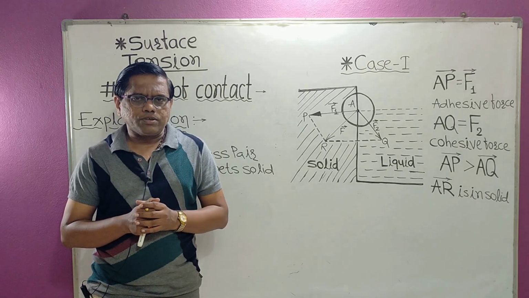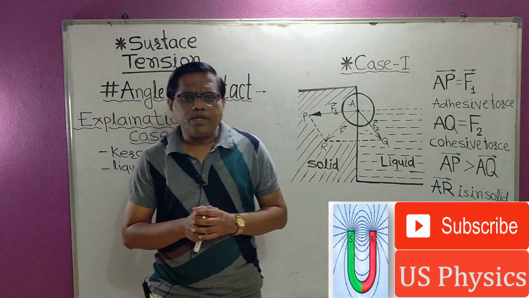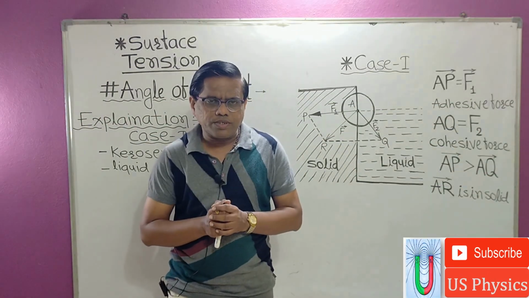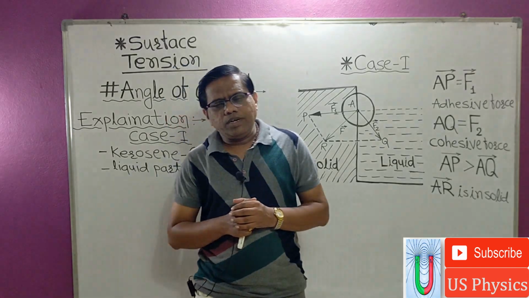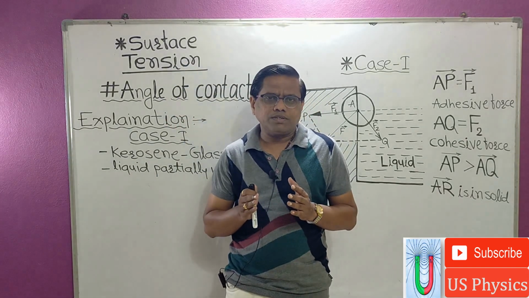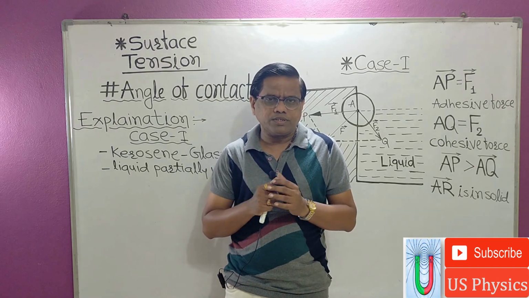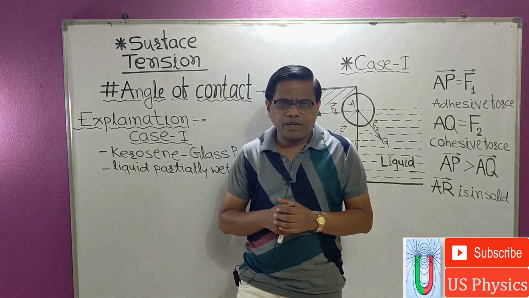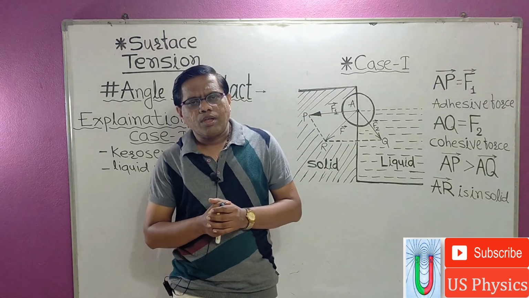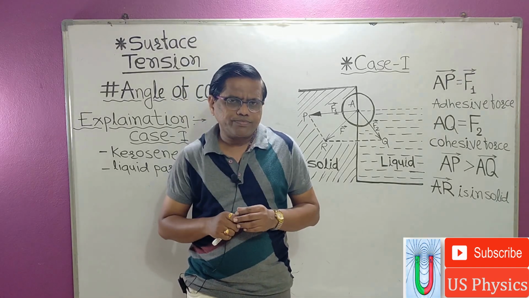In our last lecture, we learned what the different shapes of meniscus of the free liquid surface are and what the angle of contact is. There we learned that the free surface has three kinds of meniscus: it can be concave upwards, convex upwards, or flat or plane.